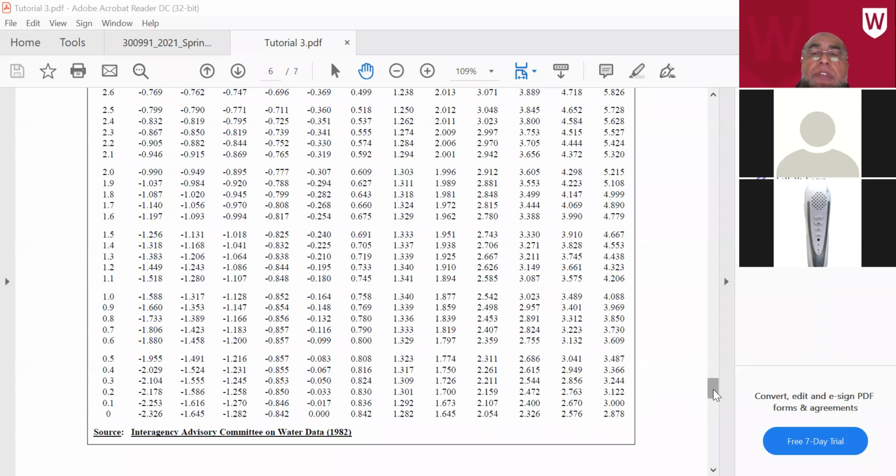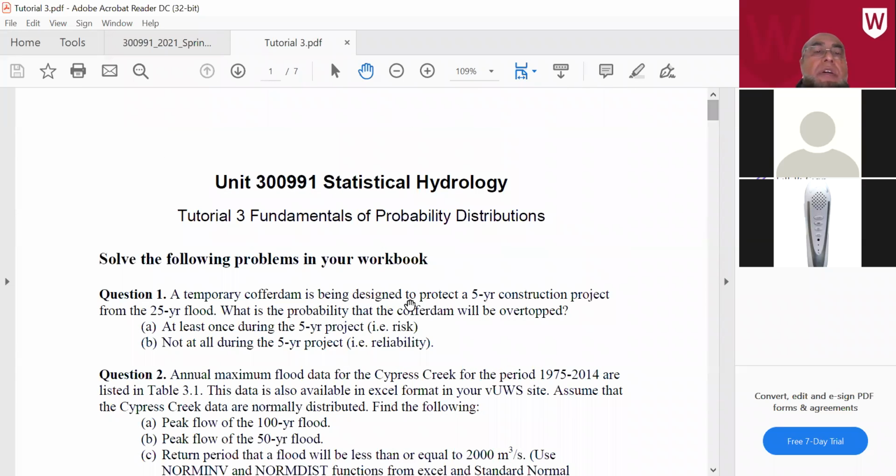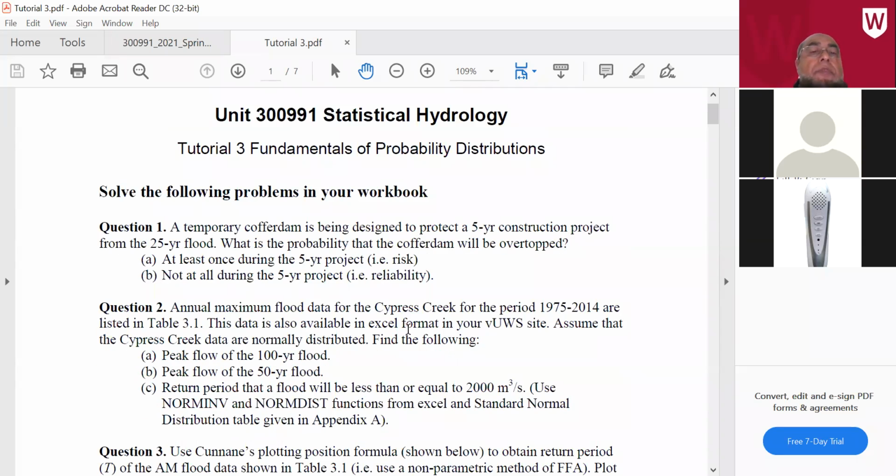Let us start with question 1. Question 1 is telling that a temporary coffer dam is being designed to protect a 5-year construction project from the 25-year flood.